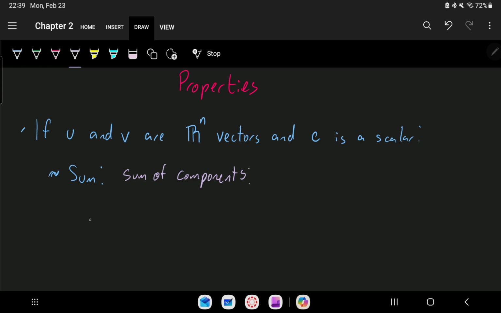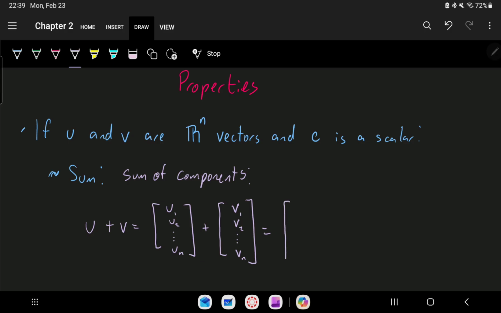And what does that look like? Let's say u plus v equals this vector u plus this vector v, and that just equals u1 plus v1, u2 plus v2, and so on and so forth until you get to un plus vn.